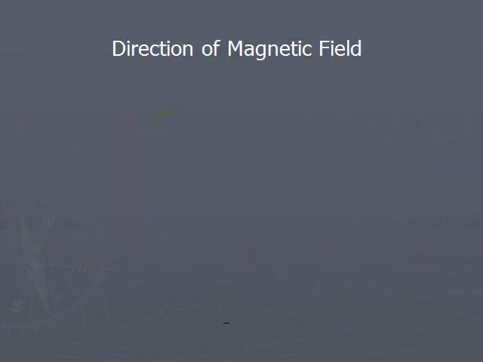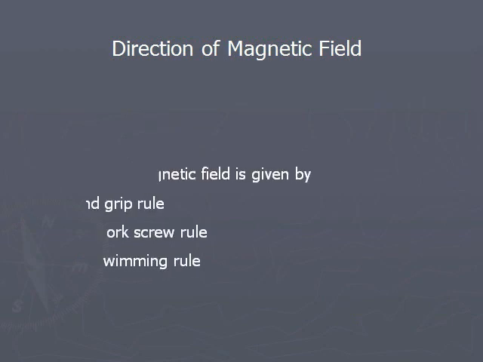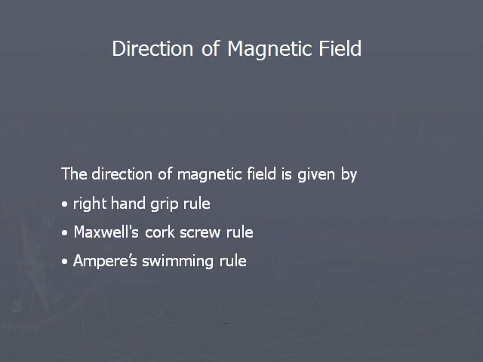So the direction of magnetic field is given by three rules: right hand grip rule, Maxwell's corkscrew rule and Ampere's swimming rule. Here a conductor is placed horizontally, current flowing from left to right, and a magnetic needle is situated underneath this conductor.